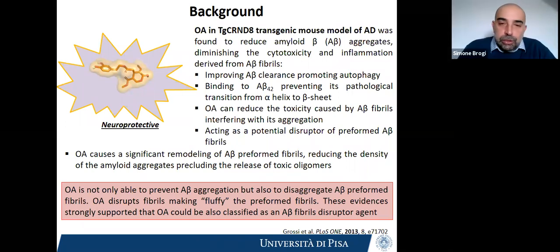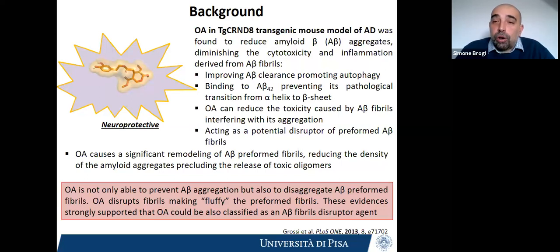In this scenario, oleuropein aglycone in animal models of Alzheimer's disease was found to reduce amyloid beta aggregates, reducing cytotoxicity and inflammation derived from the fibrils. In particular, it was found that oleuropein aglycone can act in different ways to produce these effects.